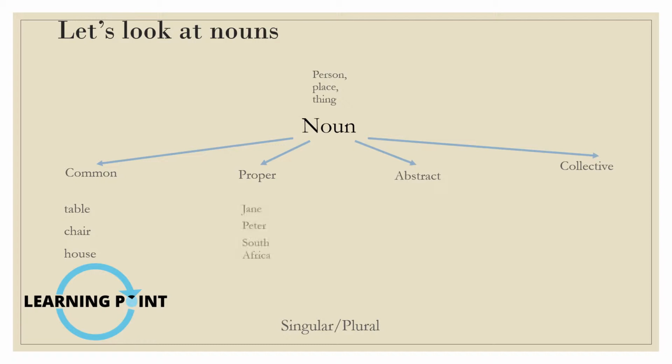And then a proper noun names a specific person, place, or thing. These would be things like your name, your country, the province or the state that you live in. Right? And then also the important names of maybe landmarks around you or your school's name. All of these are proper nouns.